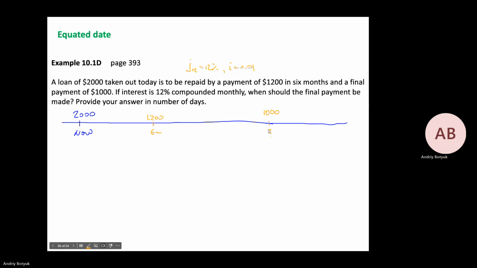Many times I get this question: how do I know where to put this question mark? Remember, as soon as this question mark is in the future, we are okay. No matter where you put it, if you have multiple payments, it doesn't matter what position you put that unknown date, as long as it is in the future.